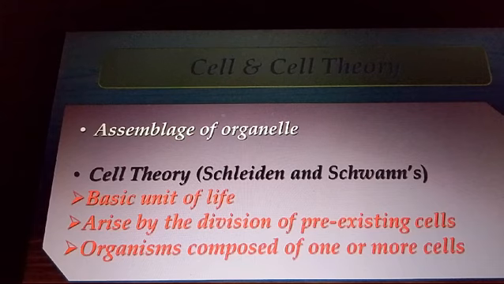The other one is the cell arises with the division of a pre-existing cell, means when one cell divides, another cell forms, and when that divides, another cell forms, and the process continues. And the last point of this theory is all organisms are composed of one or more cells.